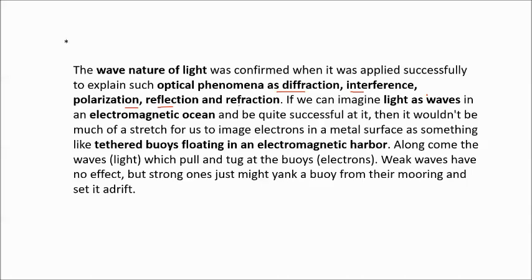So along come the waves which pull and tug at the buoys, the electrons. Weak waves have no effect, but strong ones just might yank a buoy from its mooring and set it adrift.